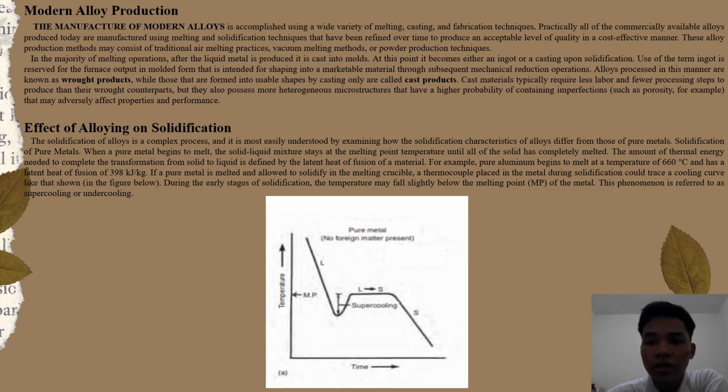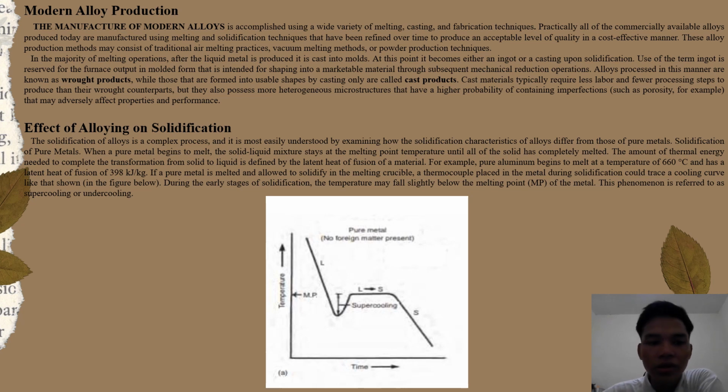The alloy production methods may consist of traditional air melting practice, vacuum melting methods, or powder production techniques. In the majority of melting operations, after the liquid metal is produced, it is cast into molds. At this point, it becomes either an ingot or a casting upon solidification.